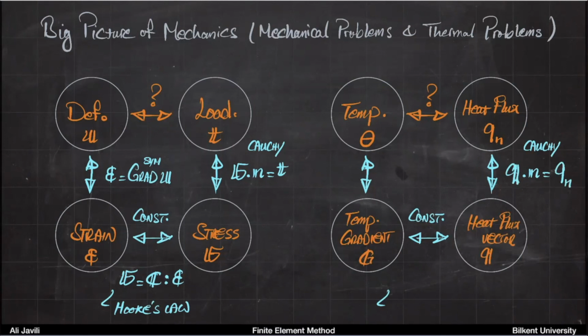Instead of epsilon equals symmetric gradient of U, you would have G equals gradient of temperature. And your constitutive assumption is very similar to what you had before. It's a connection between G and heat flux.